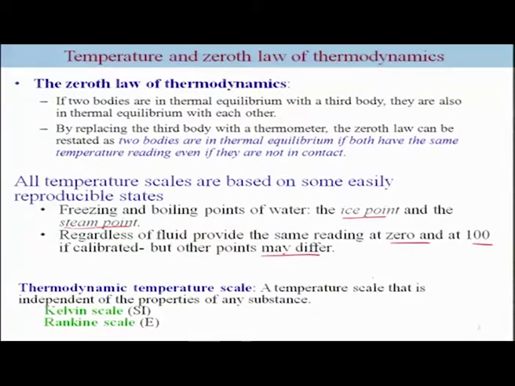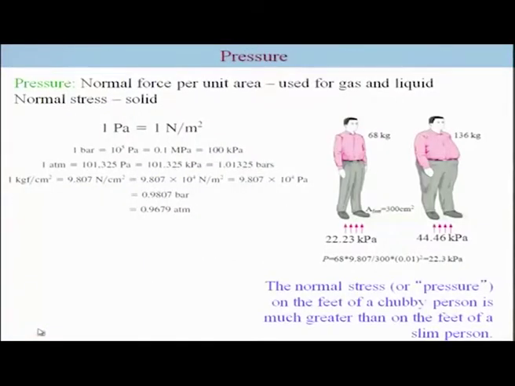Or you can use the absolute temperature scale, which is based on the second law of thermodynamics, and both are equivalent, as can be shown. In the case of the absolute or thermodynamic temperature scale, the examples are the Kelvin and Rankine scales.